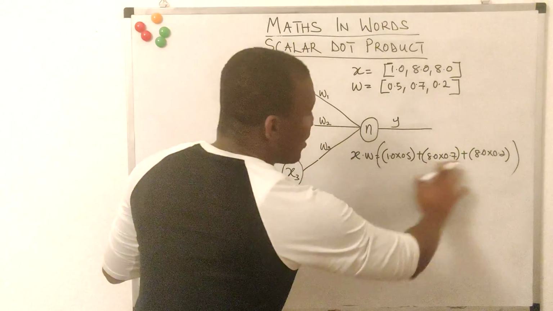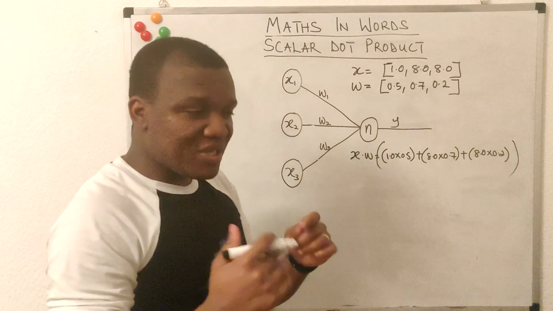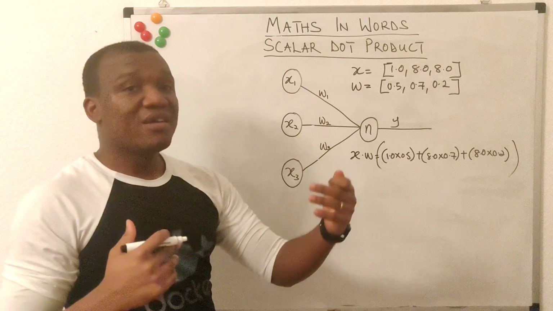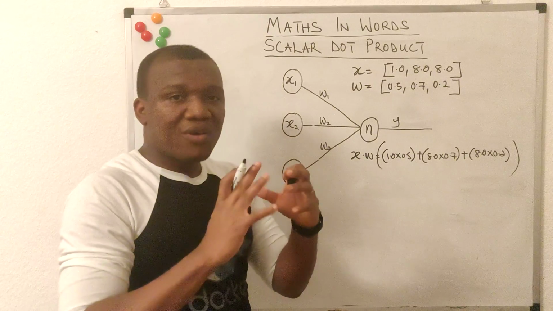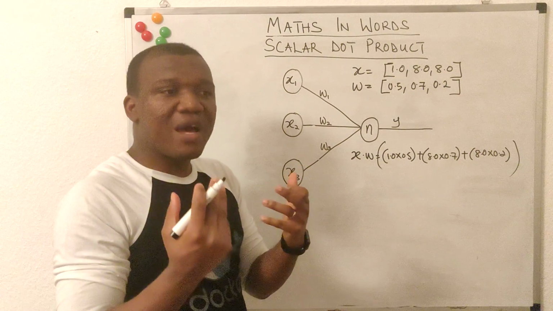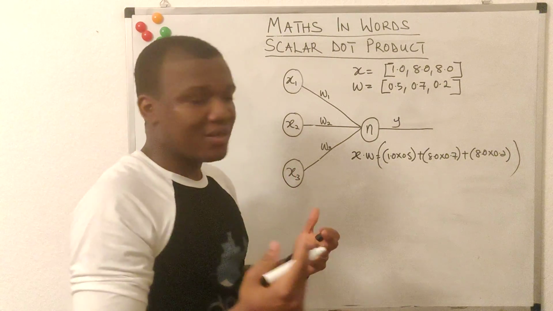The reason I didn't write the mathematical formula before explaining is because I don't want you to worry about the math. Rather, I want you to understand how it is done.